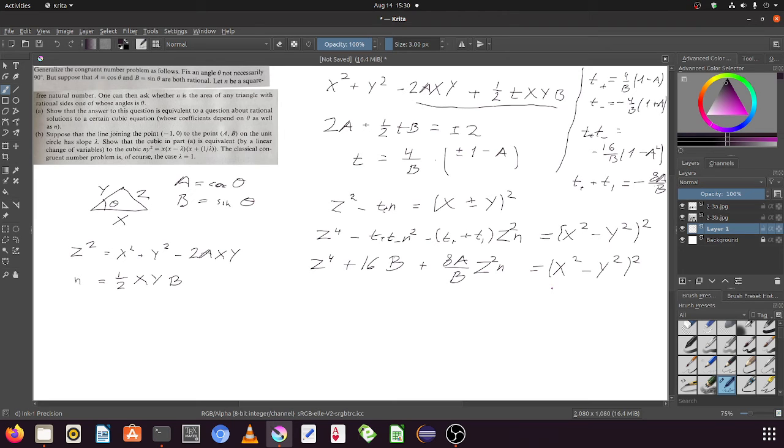This shows that the equation u to the fourth minus n squared v to the fourth has rational solutions. Oh yes, with two squares.